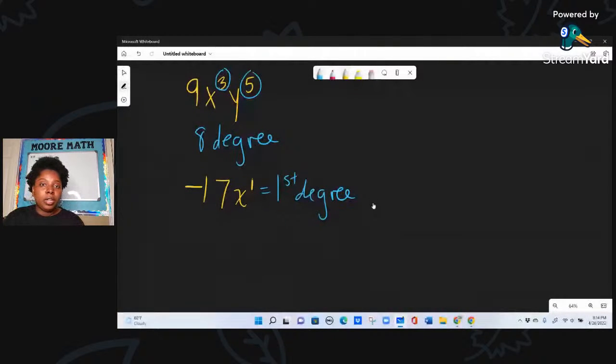For this one, if it's just a constant, just a number, remember there's no x or y, no variable. So it's just 0 degree. So it just goes by the exponents. When you have a polynomial, so if there's more than one thing here, okay?